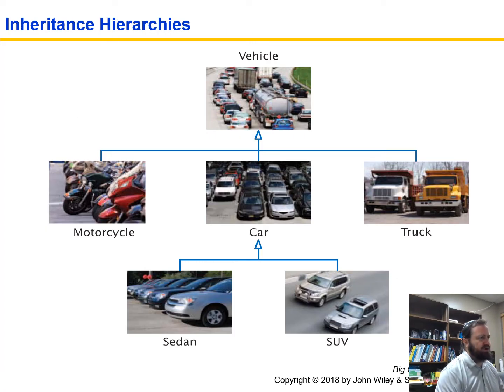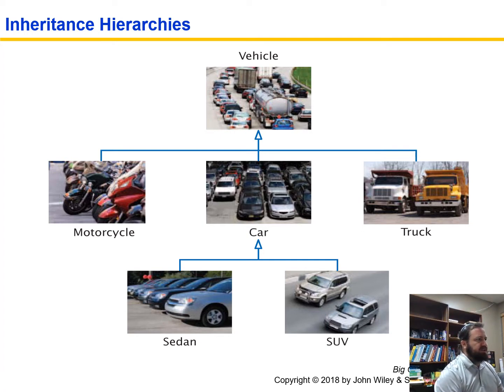So this is how the UML class description system that we've been learning about draws inheritance hierarchies. There's an arrow with a triangular head that points upward toward the more general class, and you can follow that arrow backwards to find the derived classes or subclasses.